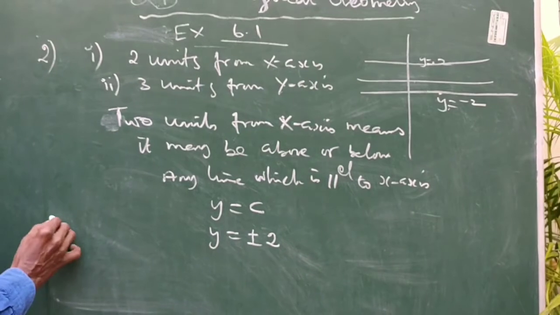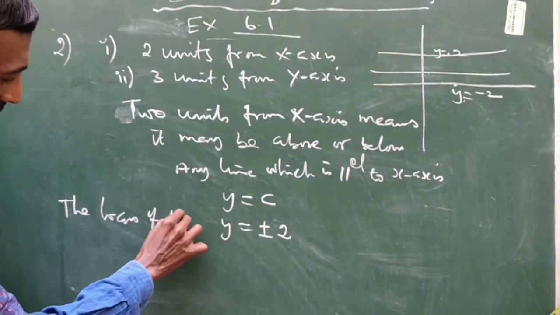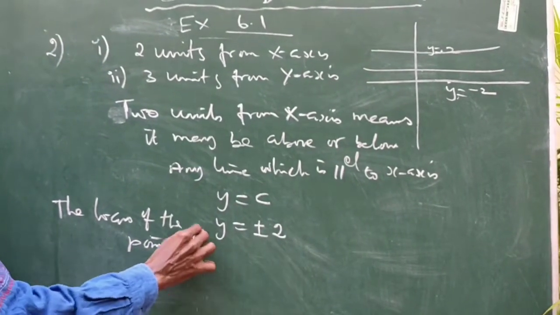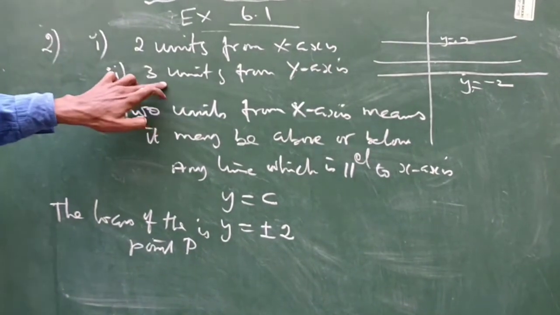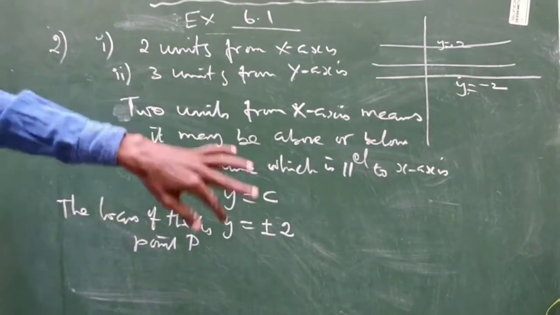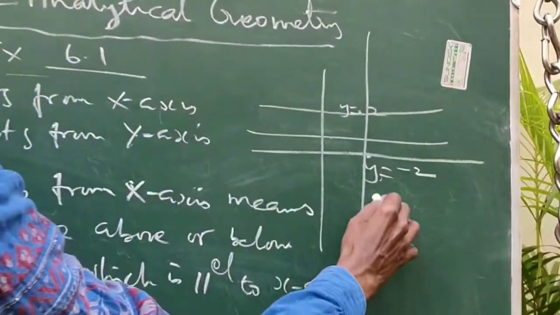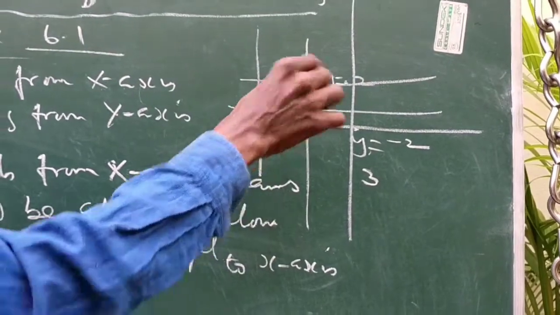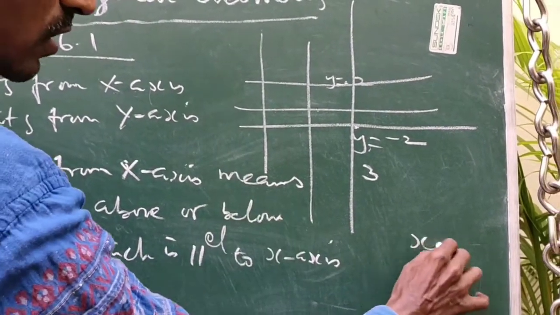The locus of the point P is this. This is the answer. Similarly, you can write the answer for the second subdivision. 3 units from the y-axis means it may be on the right side or left side. It is parallel to the y-axis, meaning x equals some constant, x equals some k.